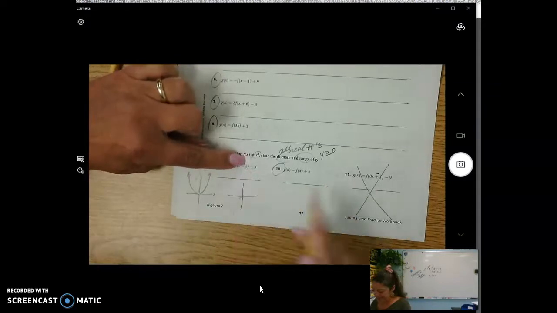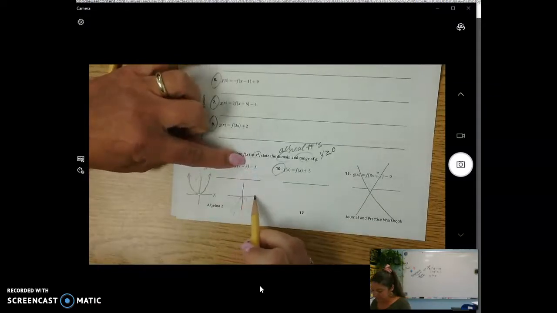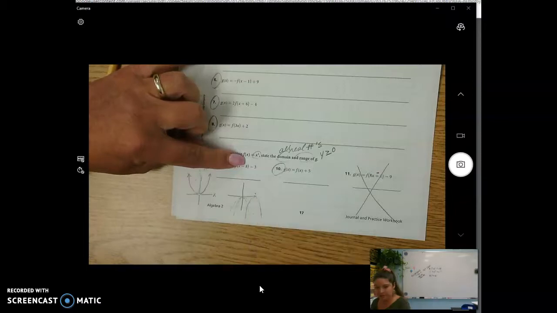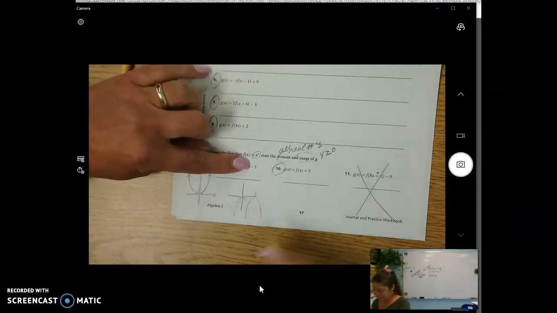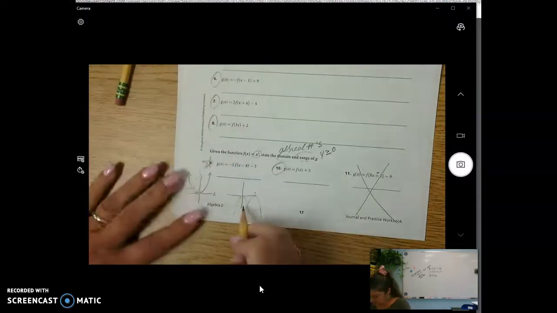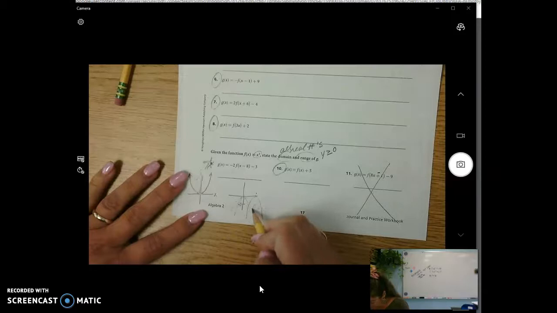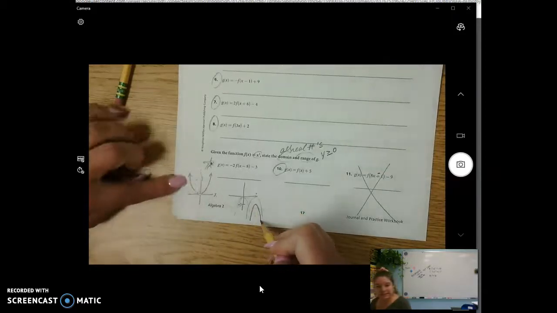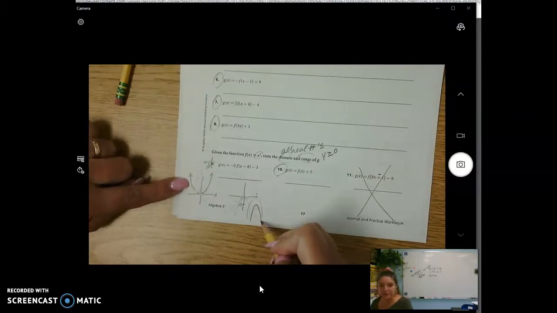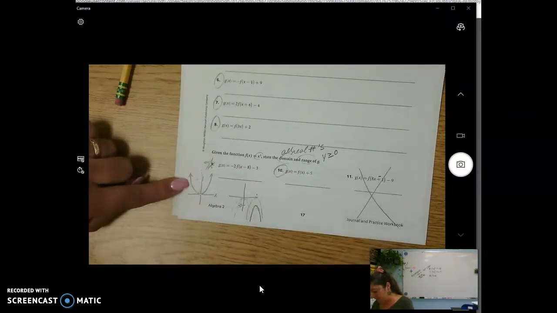The -8 means that I'm going to go to the right 8 places, so over here at 8. Here it is upside down, a little bit skinnier. And then my -3 means it's moving down 3 places. So I'm going to put a -3 in here, and here's my U shape now. It's upside down compared to this one, it's a little bit skinnier, it moved to the right, and it moved down.